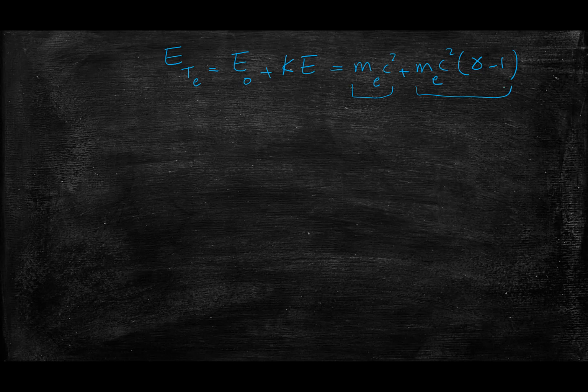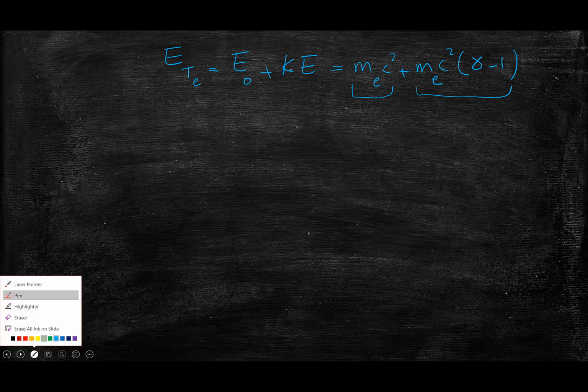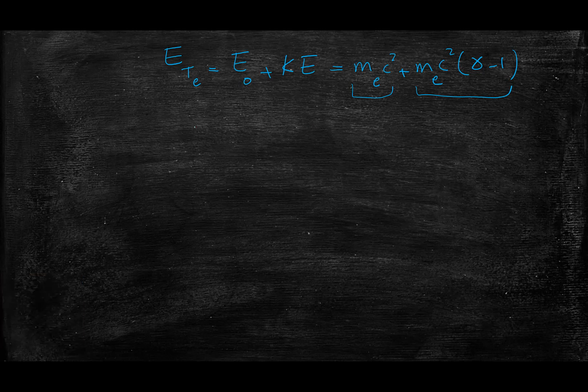Now the only thing I'm going to do here is that I see that they both have m_e c squared in common, so why not just factor one of them? So I will factor out m_e c squared, and then I have to divide both of these by m_e c squared.